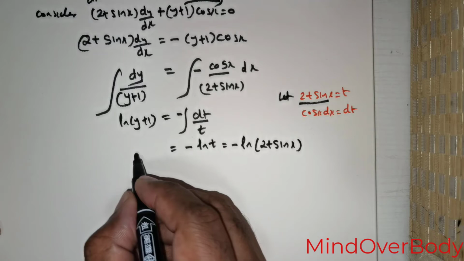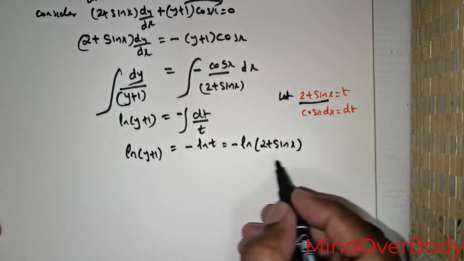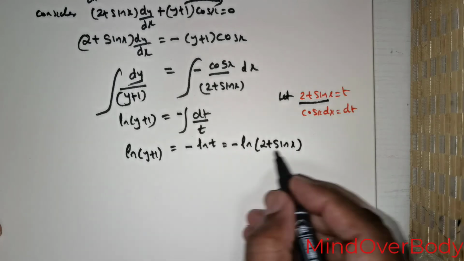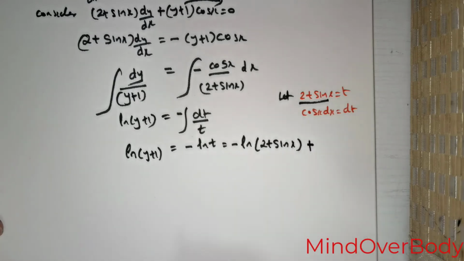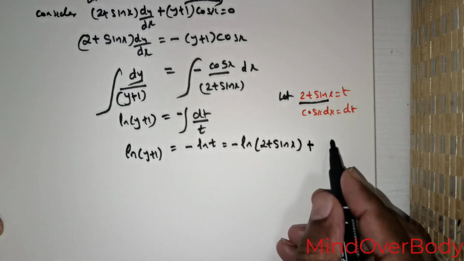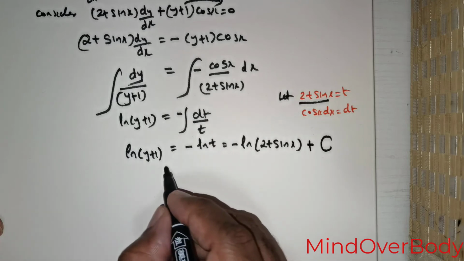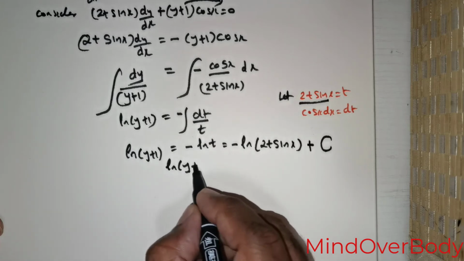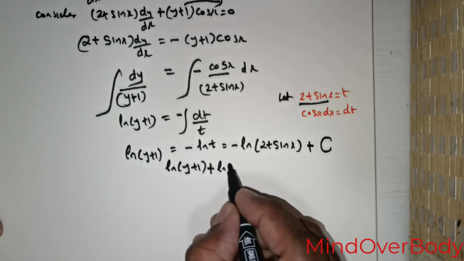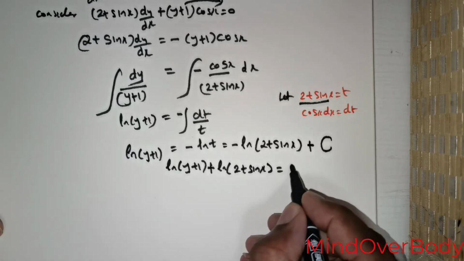Now we need to place the left hand side, which is ln of y positive 1, and that has to be accompanied with an arbitrary constant. So I can place an arbitrary constant, say some c. Now if I move this negative term to the left hand side, this is going to be ln of y positive 1 positive ln of 2 positive sin x is equal to c.